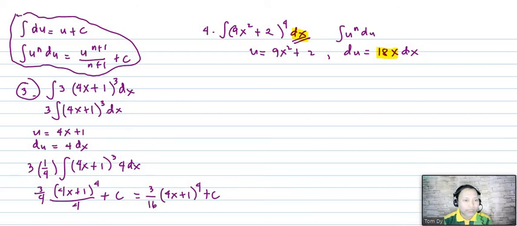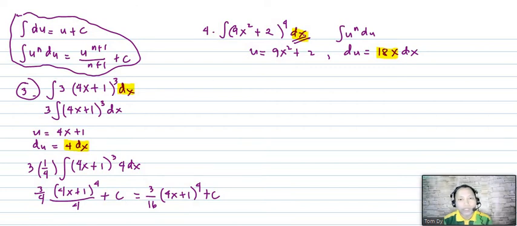If our problem is dx, then our du is 4 dx. So we allow this formula because the only difference is the number, or let's say sign, negative sign or positive sign. So for this case, number only.